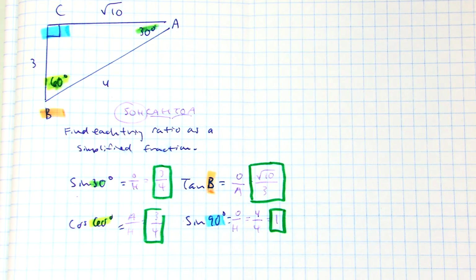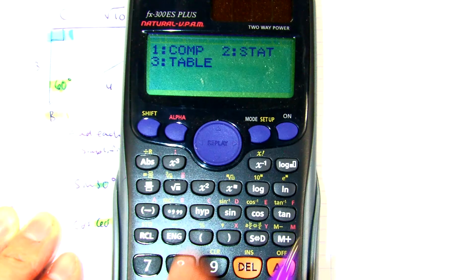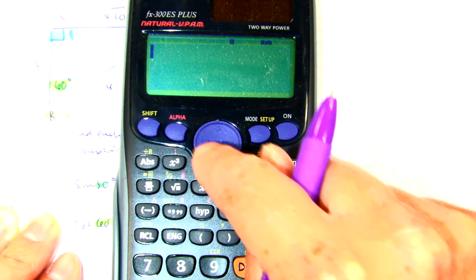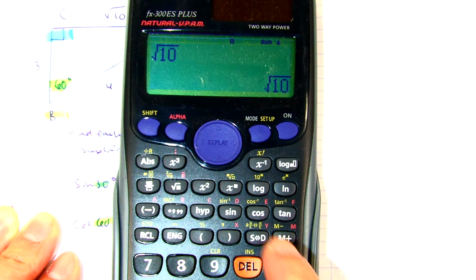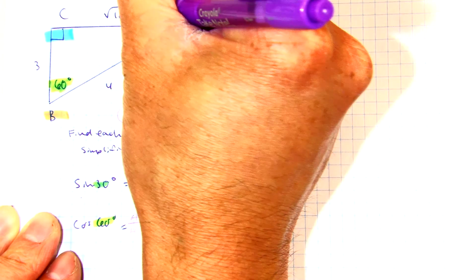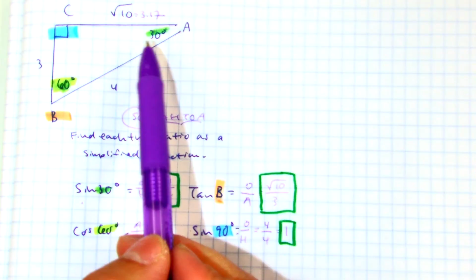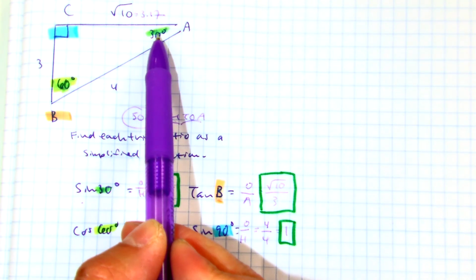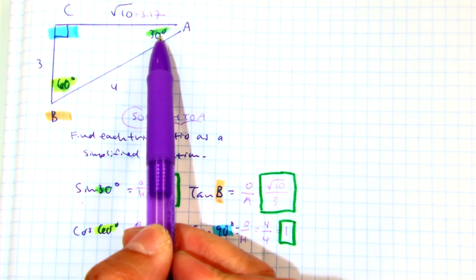Let's put that in my calculator. Radical 10. 3.16. 3.17. Maybe it does work. Repeat after me.